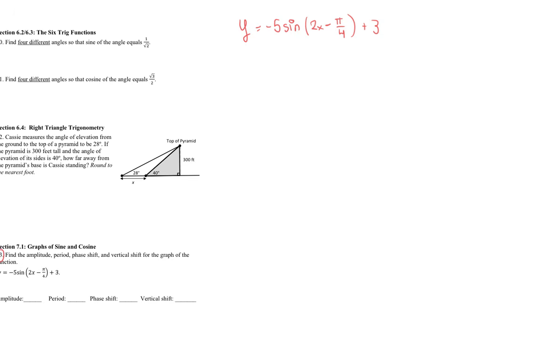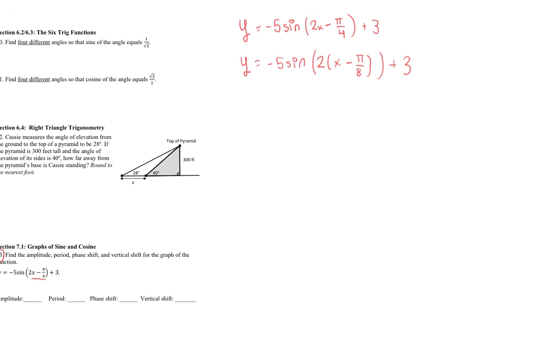And moving on to number 23. In order to solve this, we first need to make sure our x term in here is alone. So we're going to have to factor out that 2 because we want our x term to be all by itself. So 2 times x minus pi over 8 plus 3. And now we have it in a form we're used to.